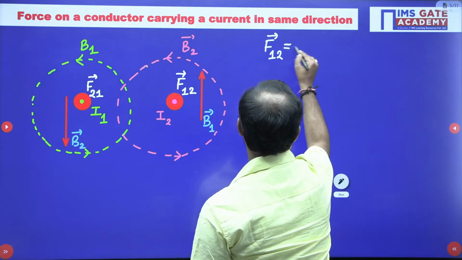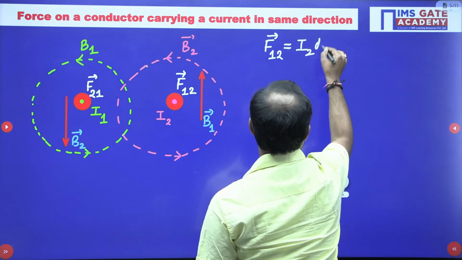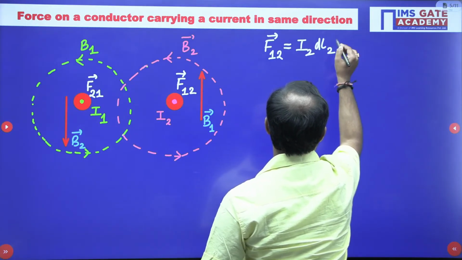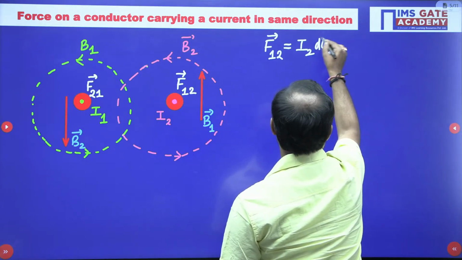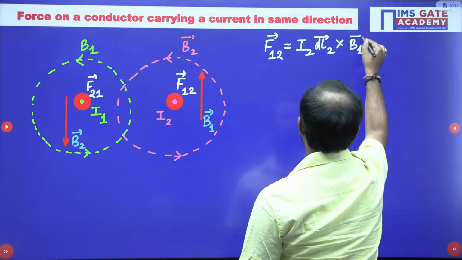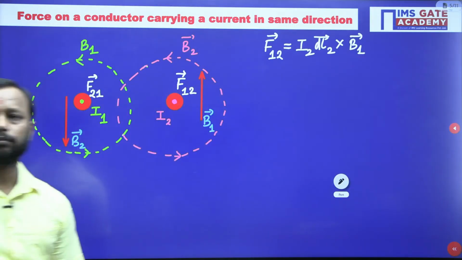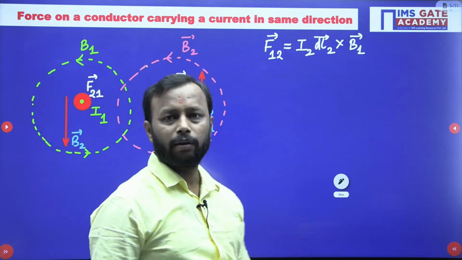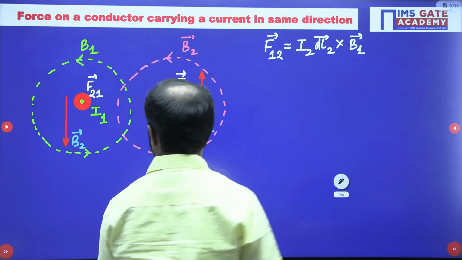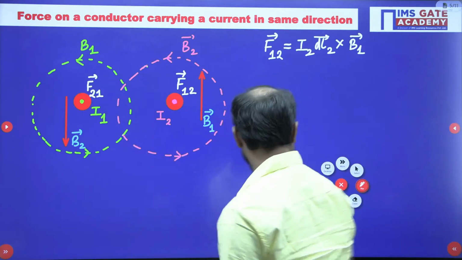So, F12 is nothing but I2 dL2 into B1. Any doubt? Clear? Okay.